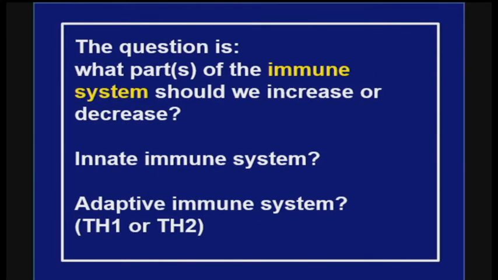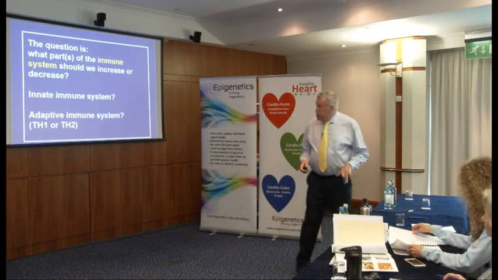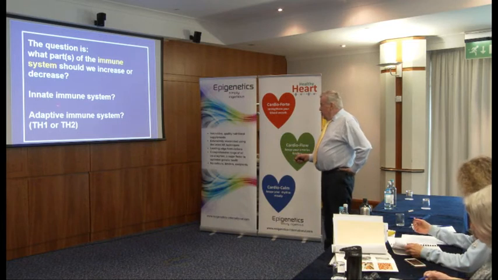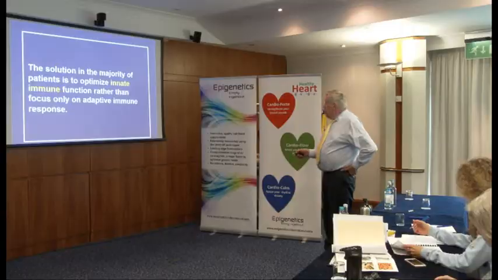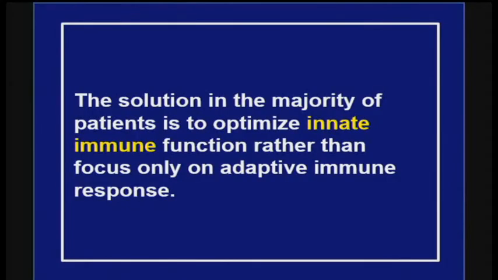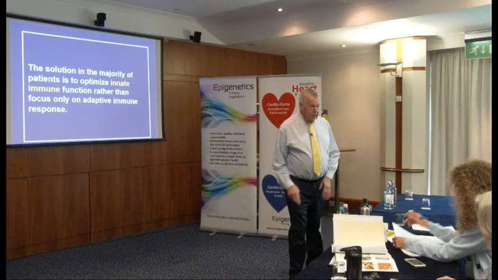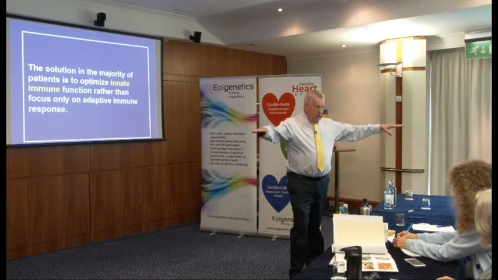So the question is, what part of the immune system should we increase or decrease? The innate system or the adaptive system? The solution in the majority of patients is to optimize the innate system function rather than focus only on the adaptive immune system. This actually makes life a lot easier, because what we find is that the adaptive system is being brought in because the innate system is not working.